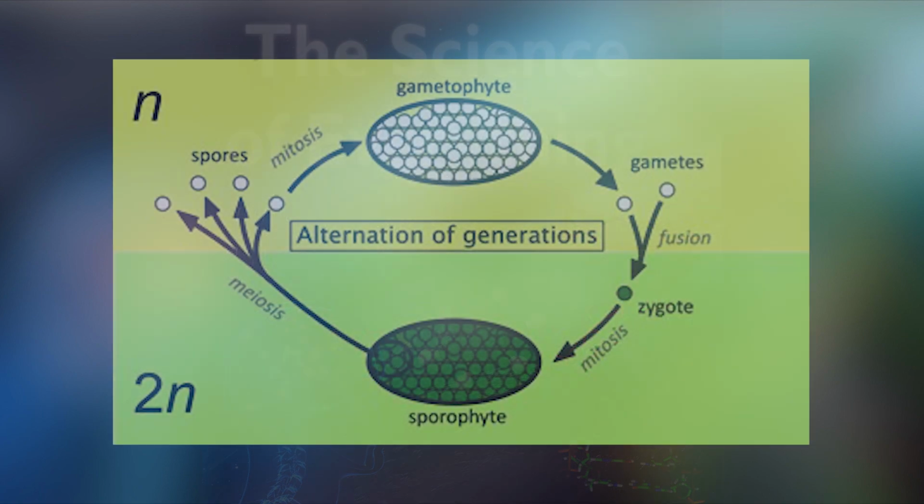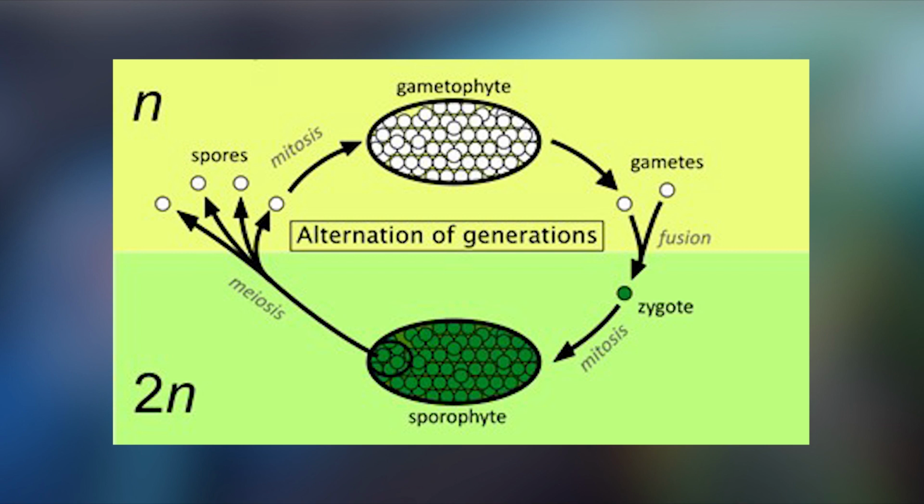In flowering plants, however, it's different because there are structures that contain gametes that are multicellular. That's the key concept behind the idea of alternation of generations: there are multicellular structures composed of gametes. These don't exist in humans or mammals, but they do exist in many other types of organisms, including flowering plants.